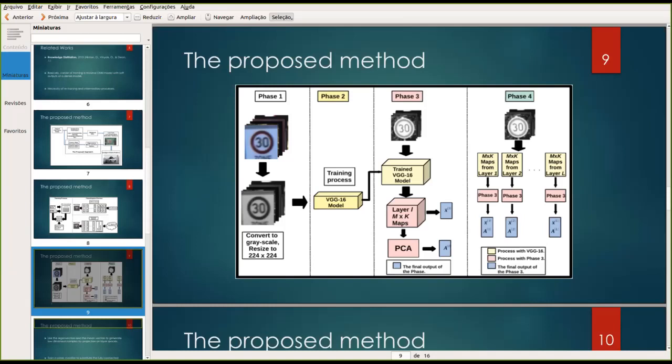Using the PCA technique, the eigenvectors are computed and arranged in matrix A. Phase four consists of applying phase three for all layers of the model.